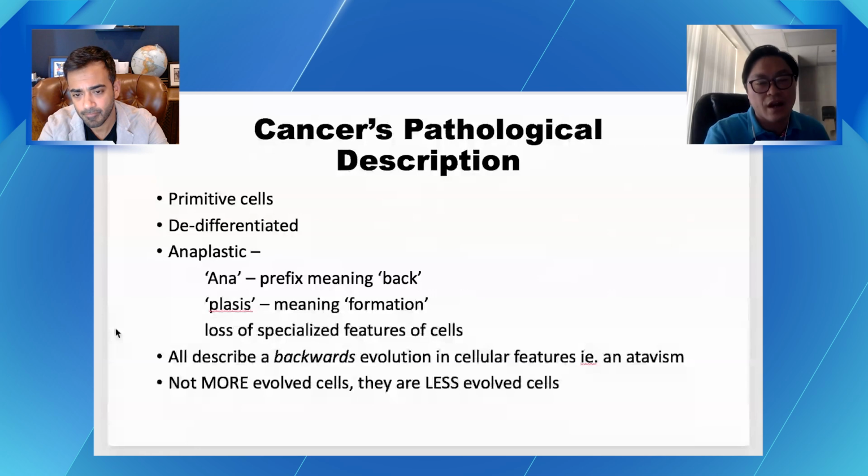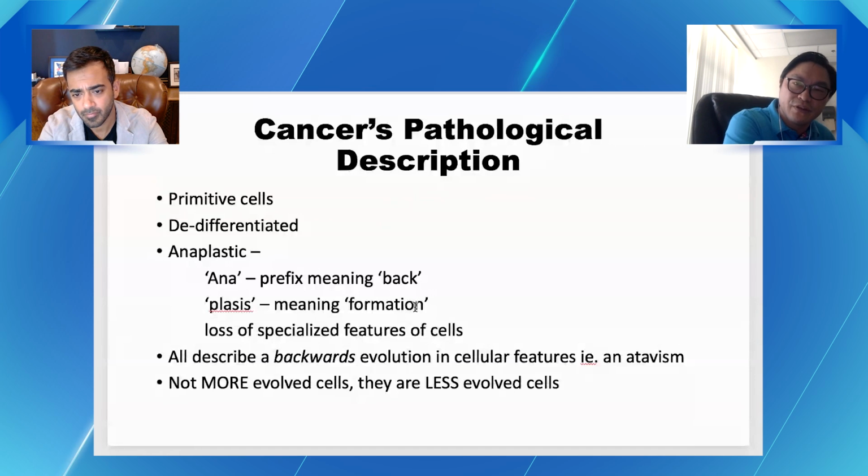All of these describe a backwards evolution to a more primitive feature, which is called an atavism. You're not getting more evolved cells, you're getting less evolved cells. So you're not adding new mutations, you're knocking off these things that reveal the underlying primitive playbook of the single-celled organisms, because it was there all along.